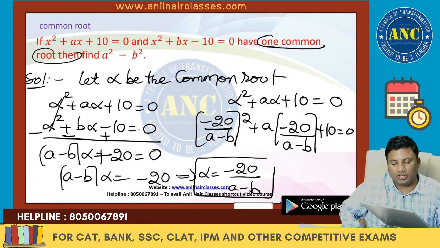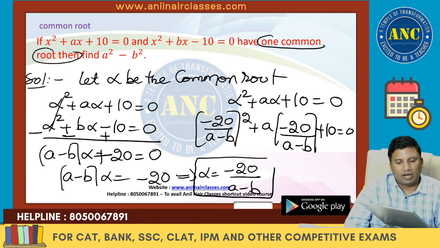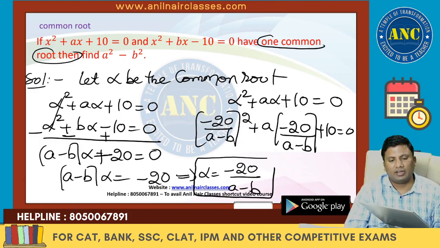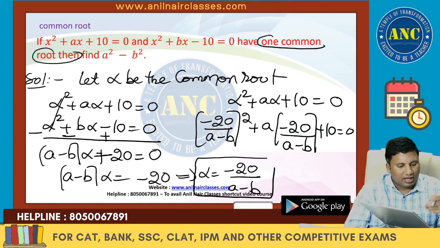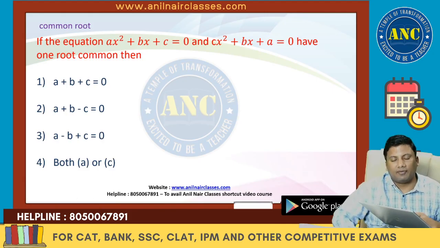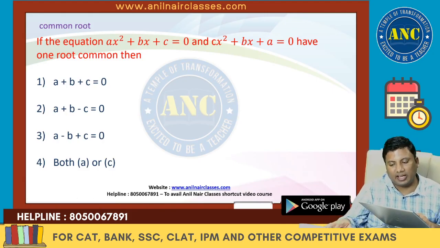Solve the equation, you may get A square minus B square. I hope the idea is clear. Is it clear, right, sir? Next one. Try to do it. If answer options are there, I would have done it by taking the answer option and checking it.